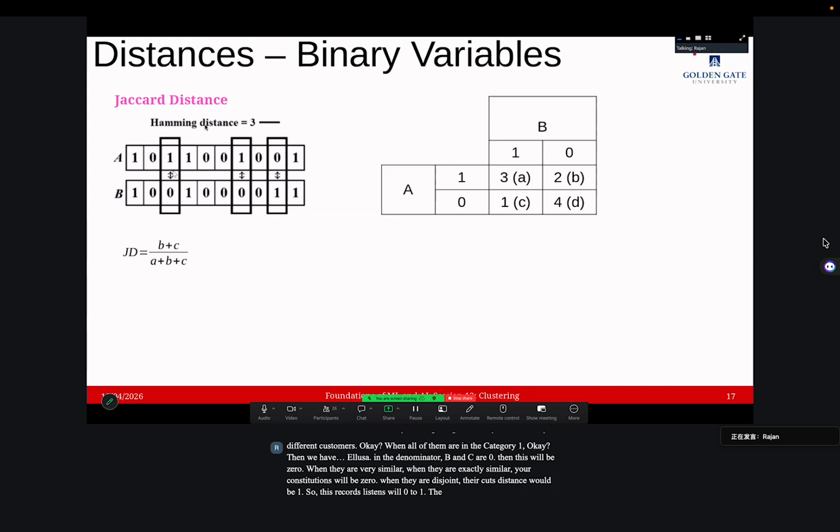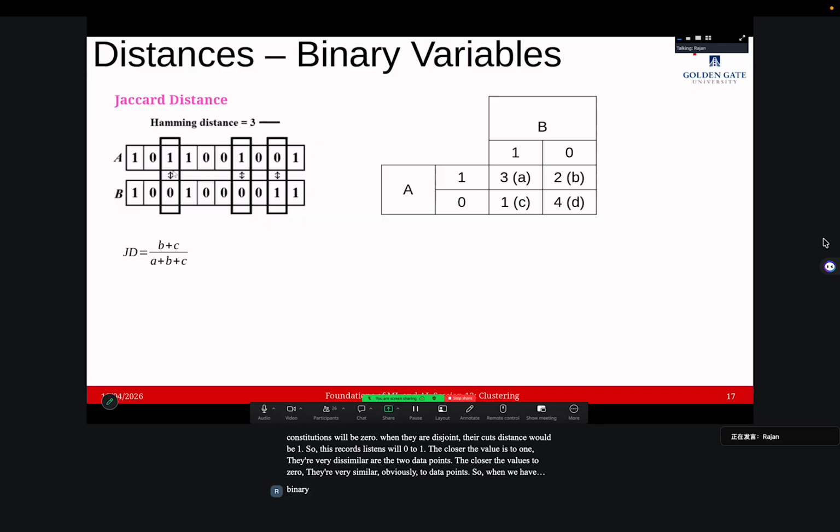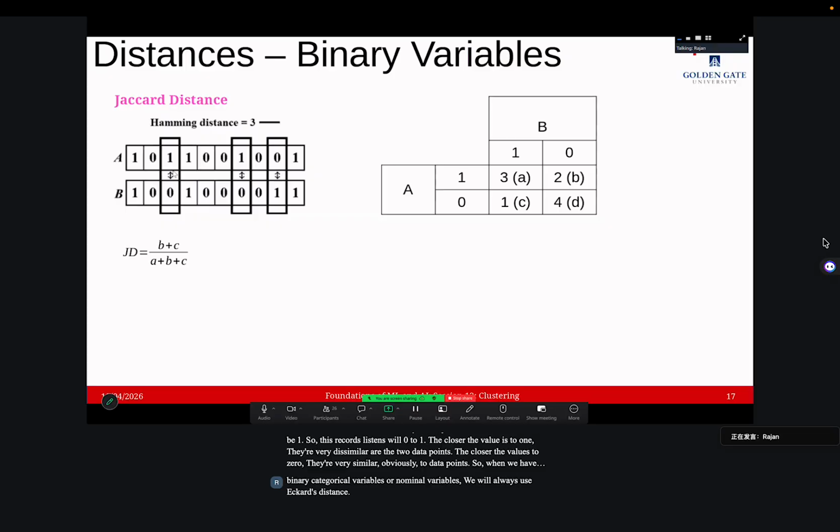The closer the value is to 1, the more dissimilar the two data points are. The closer the value is to 0, the more similar these two data points are. So when we have binary categorical variables or nominal variables, we will always use Jaccard's distance to find the similarity between these two data points. So that is one type of categorical variable.